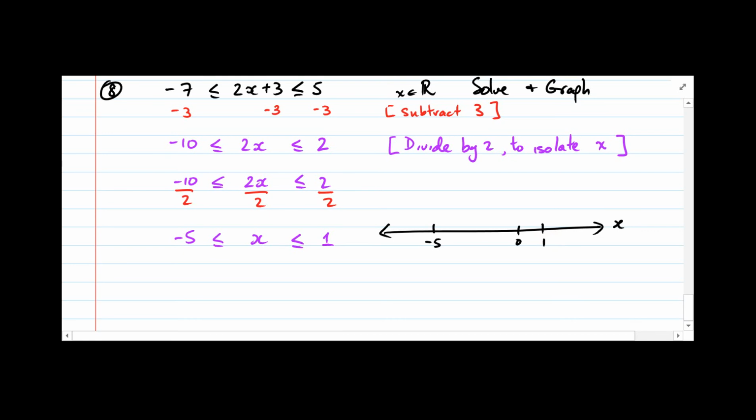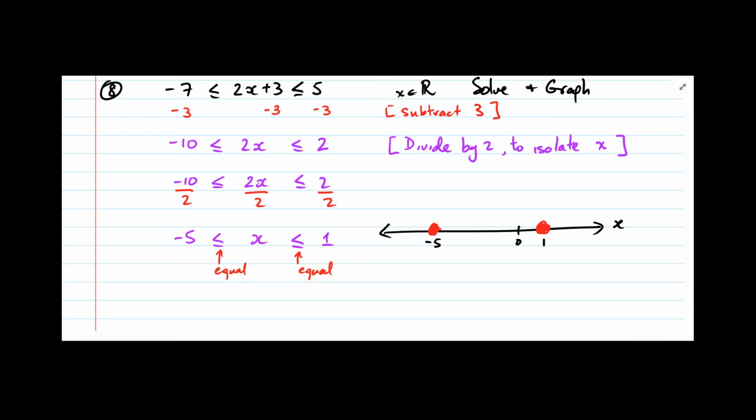Alright, at the boundaries themselves, each of these would be closed. So I would have a closed circle at 1, closed circle at negative 5, right, because of these equal signs.